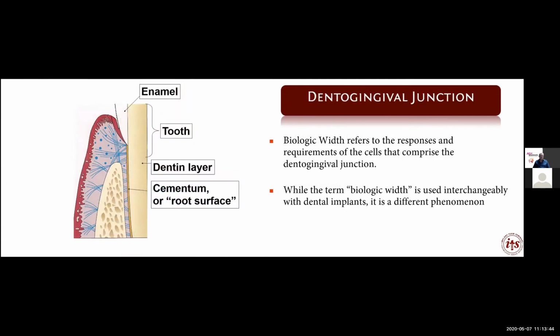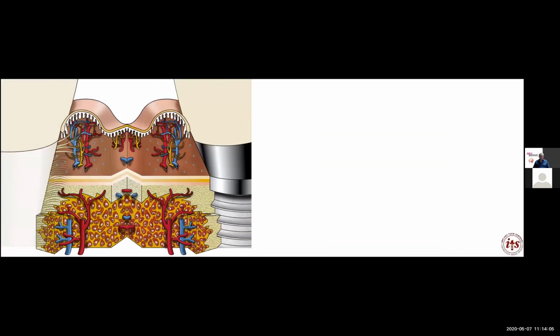The term biologic width is often used interchangeably with dentogingival junction. However, the phenomenon is different because the implant is only a biocompatible analog and a tooth is a biologic entity. So what are the differences of biologic width between an implant and a natural tooth?